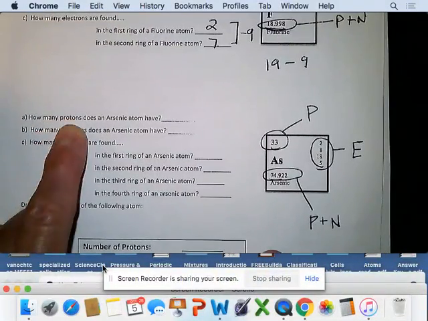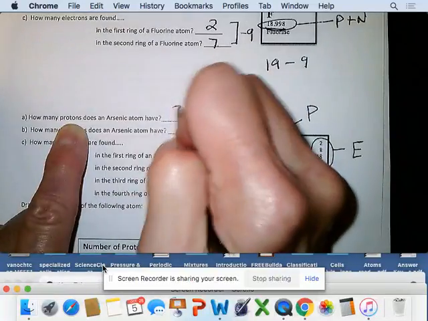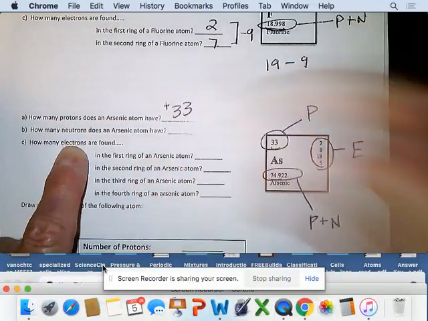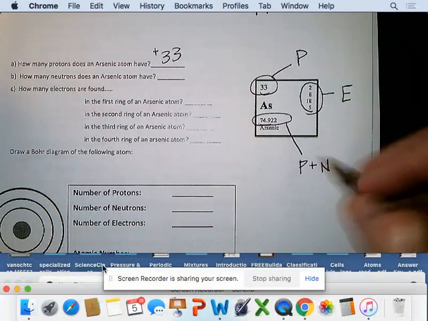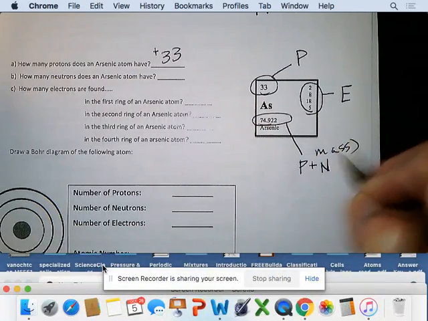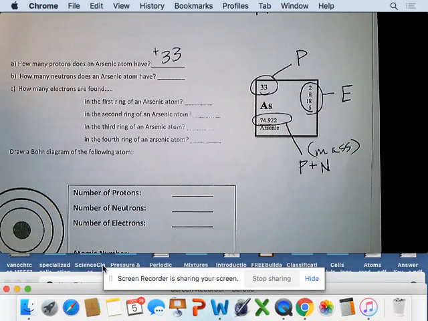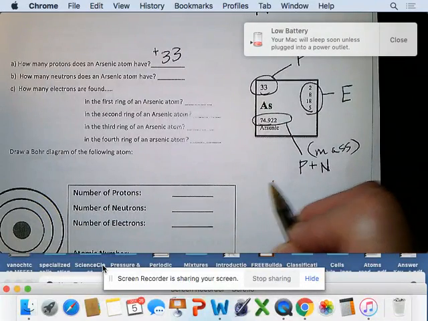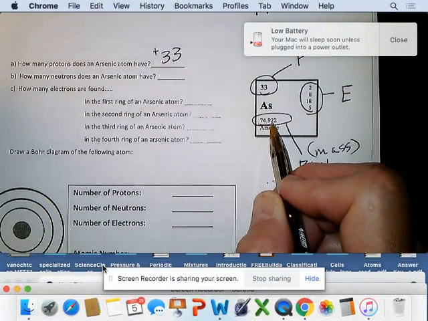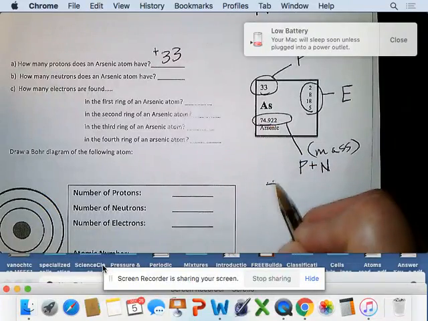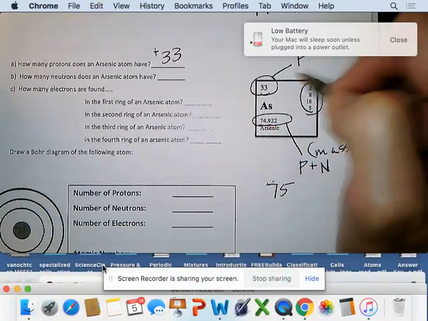Okay, so Carmen, how many protons does an arsenic atom have? 33. And then what do I do to find out my neutrons? Right, the atomic mass, which would round to what? Good, 75. And then what do we do?